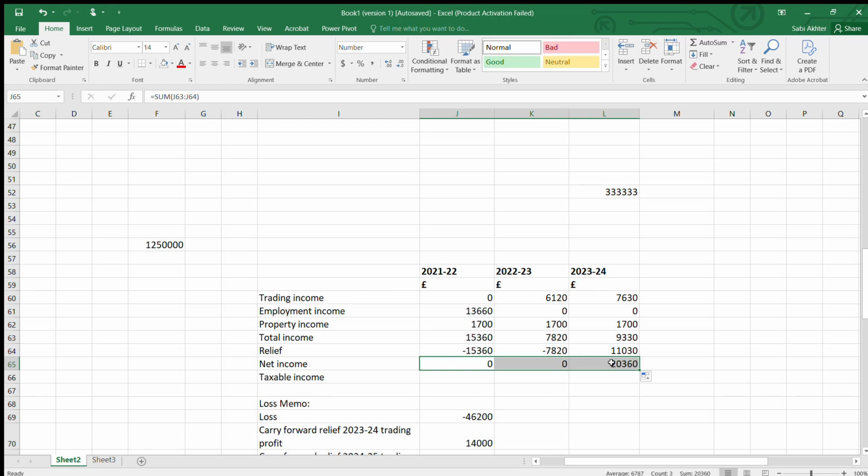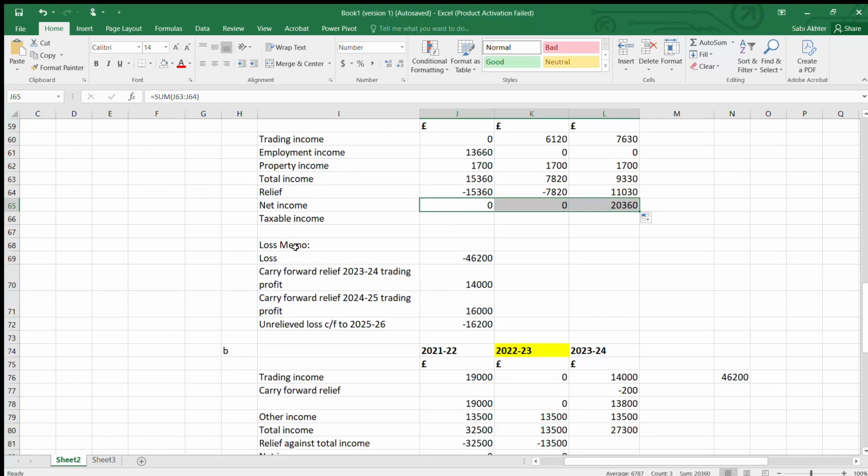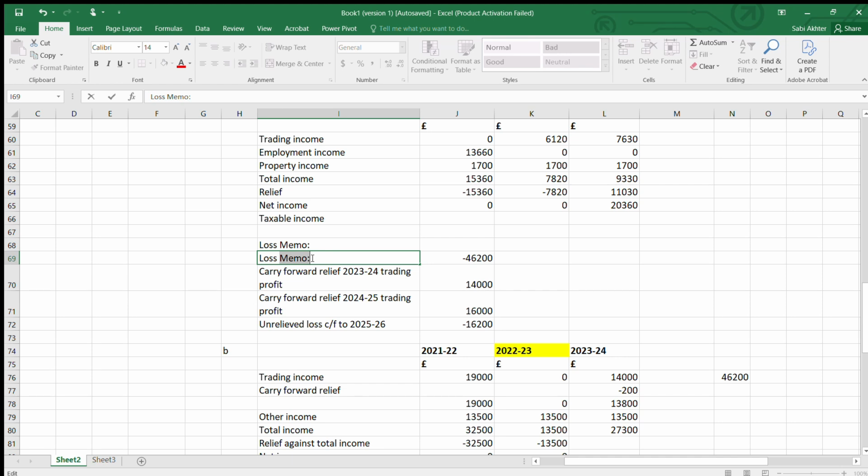So here the balance. Okay, that's why you have to do a loss memorandum. I'm not going to write the description. You can do it by now. So on your loss memo, the loss is which year? 24-25. How much? 28,480.